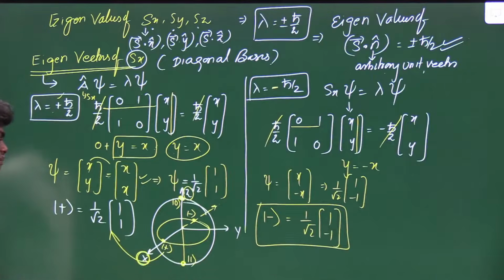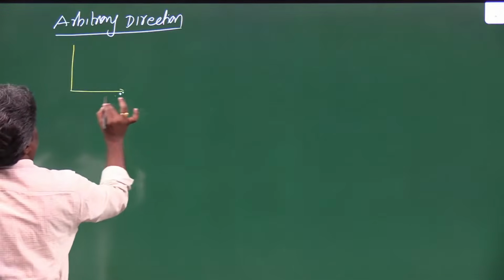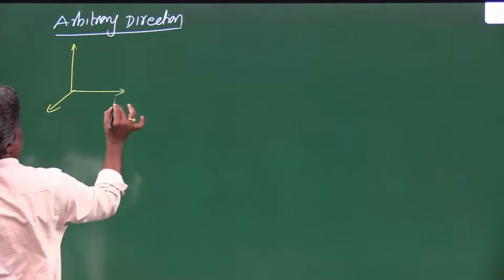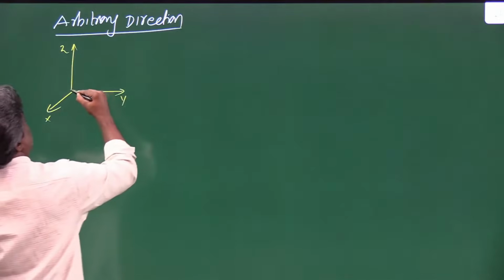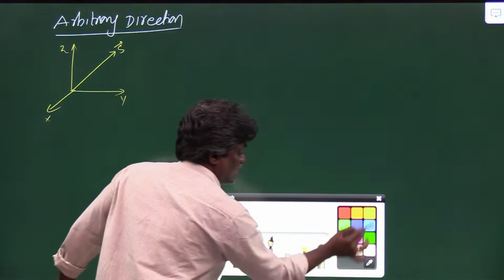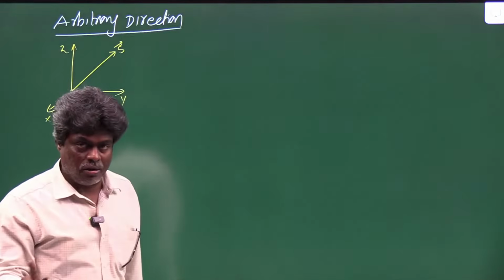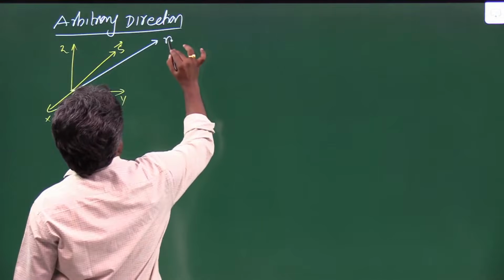Am I right? Now we are talking about something more general. So I have to take the spin vector neither along x, y, nor z, but some arbitrary direction. Now I am going to measure not along the x-axis, y-axis or z-axis, but in an arbitrary direction.